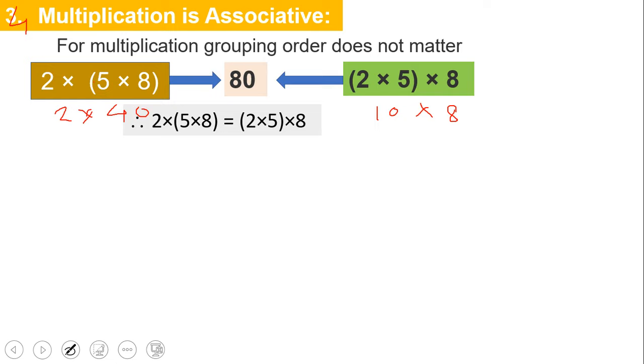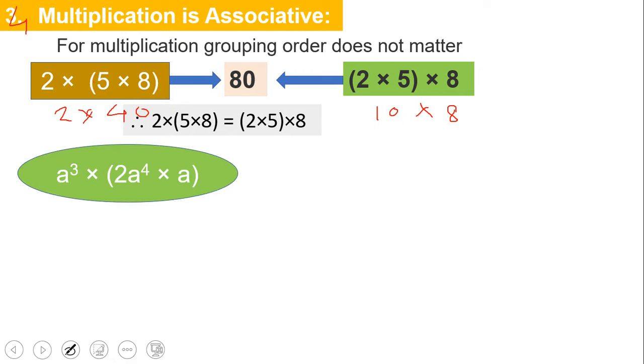Okay. Then a cube into (2a to the power 4 into a). Here is the group of this. Now we try to do the grouping of this. So we simplify this first. So what will you get?